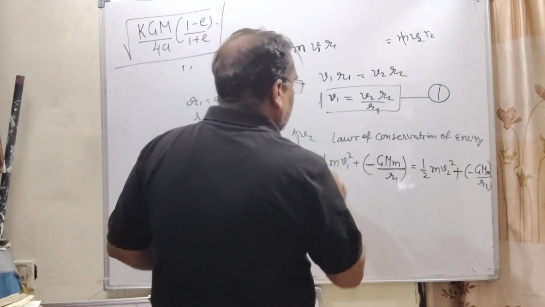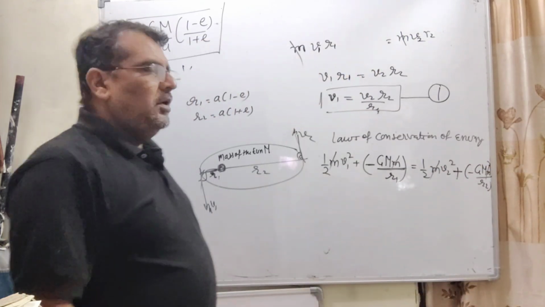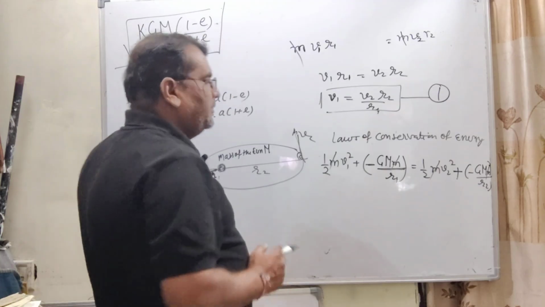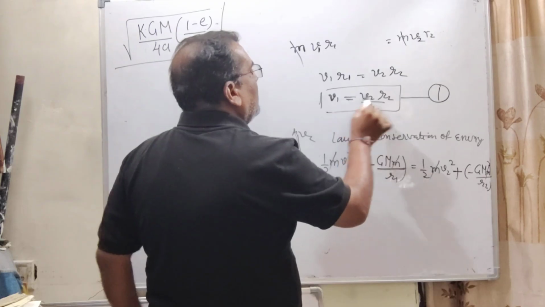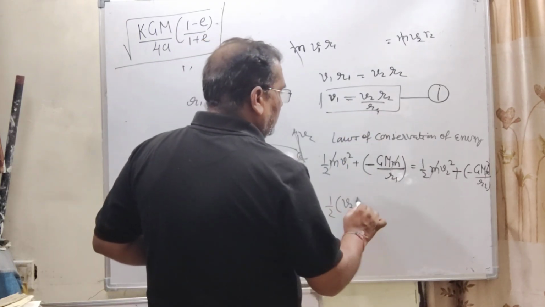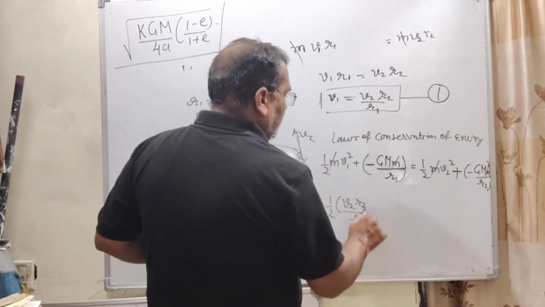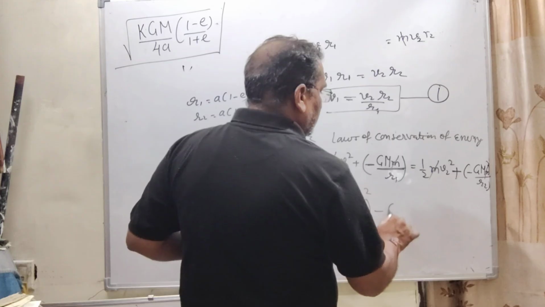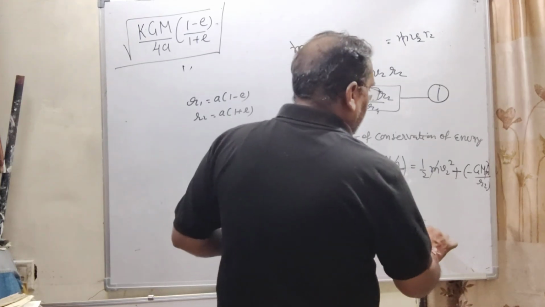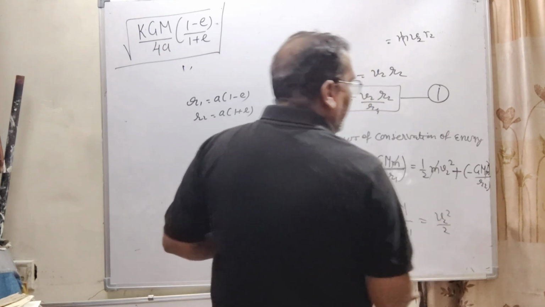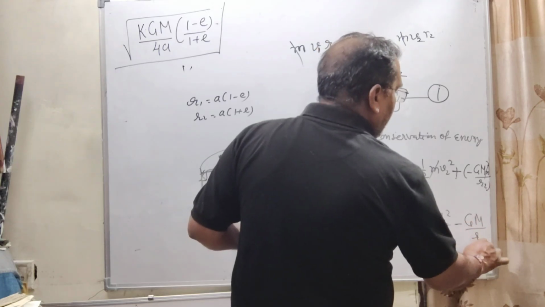So all the m cancel out, taking common and cancelling. So here 1 by 2 v1 square, where v1 can be written as v2 r2 by r1 whole square, minus G M by r1, equals v2 square by 2 minus G M by r2.